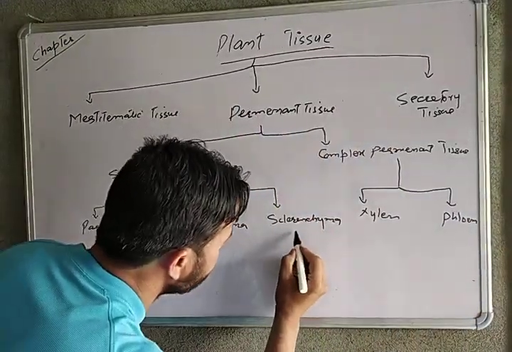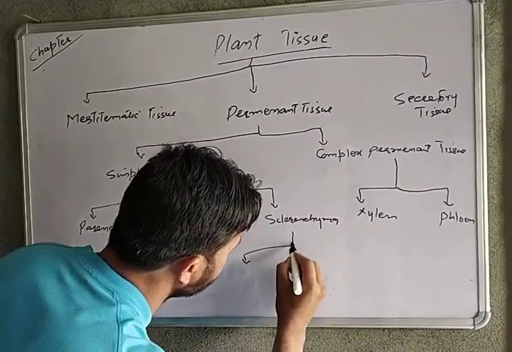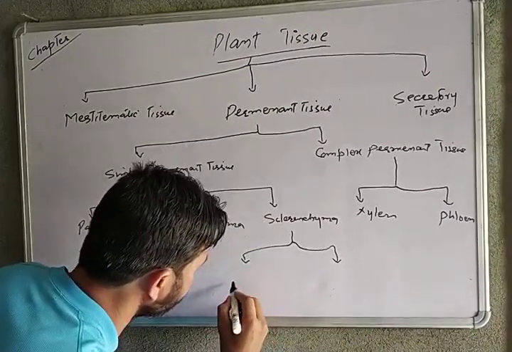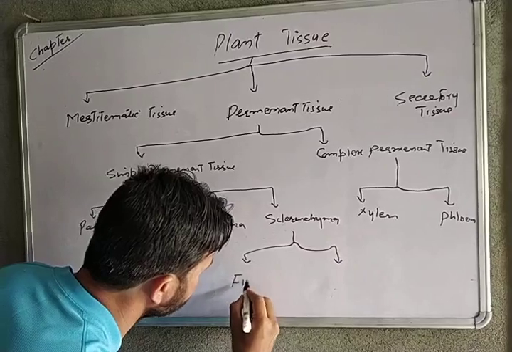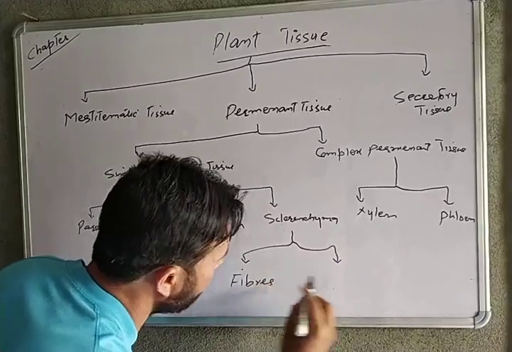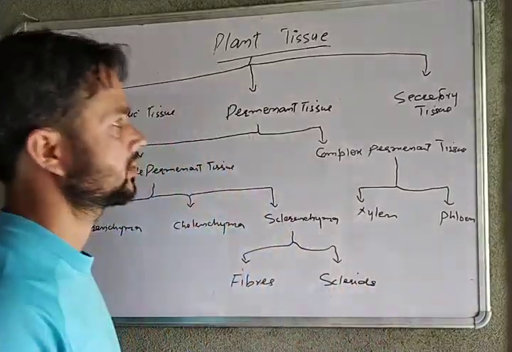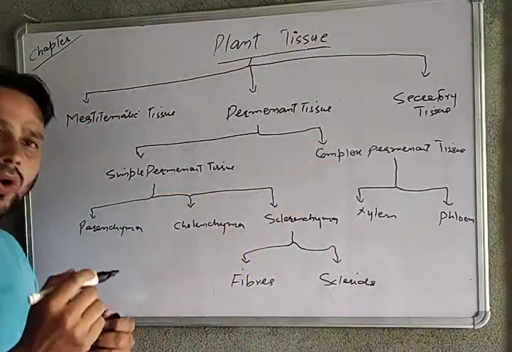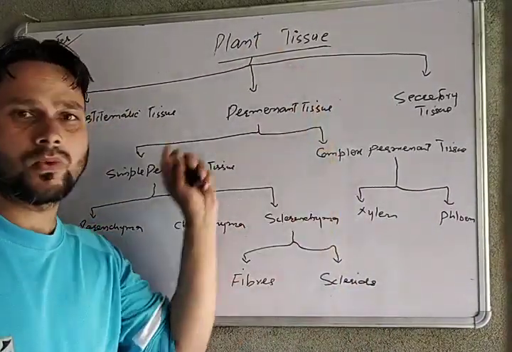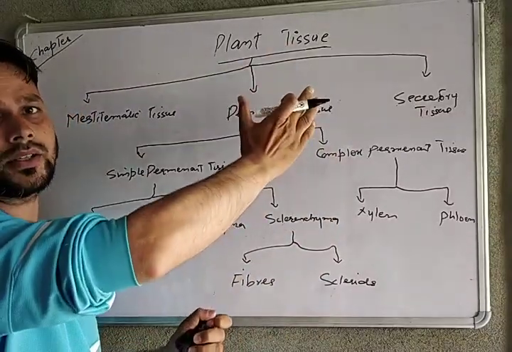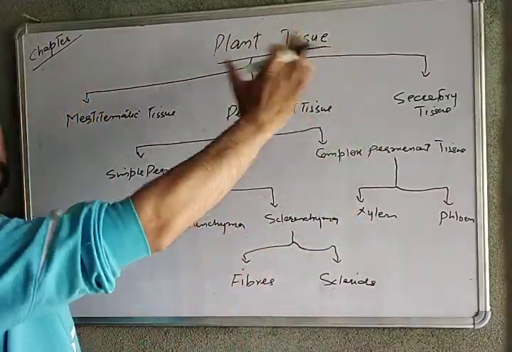This sclerenchyma is further fibrous and sclerous. So this is the whole tissue system of a flowering plant.